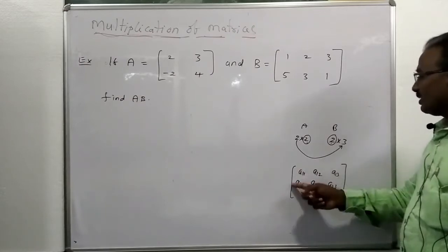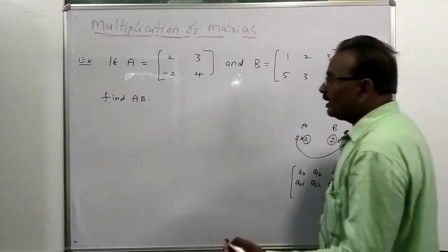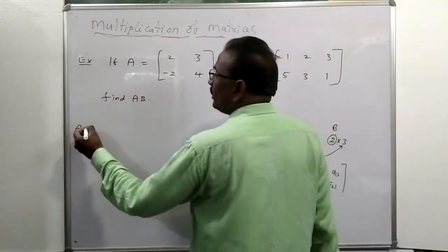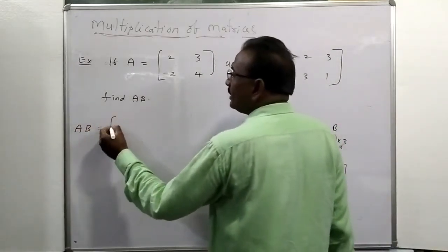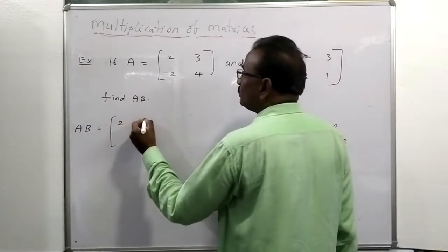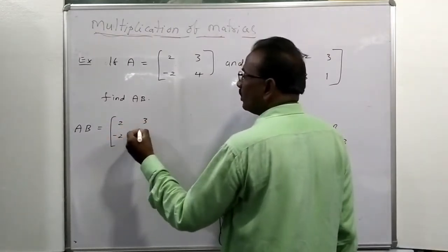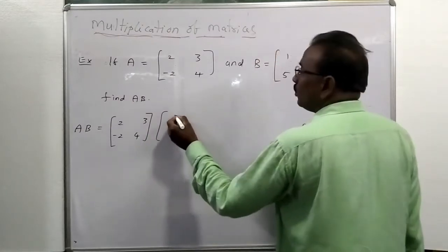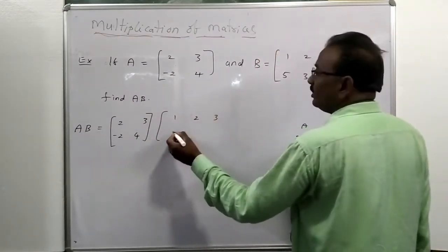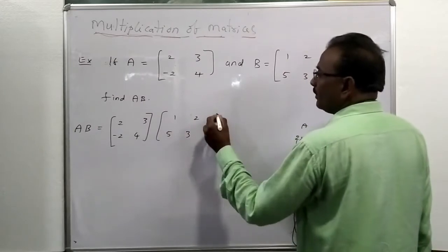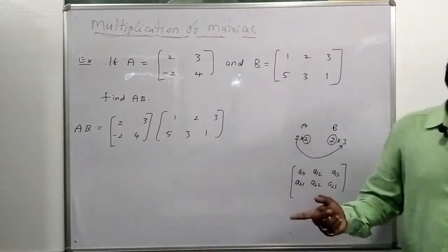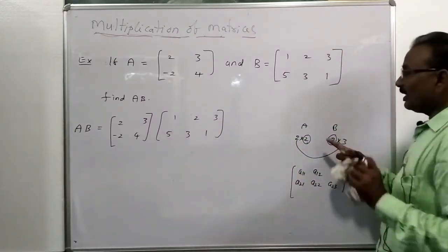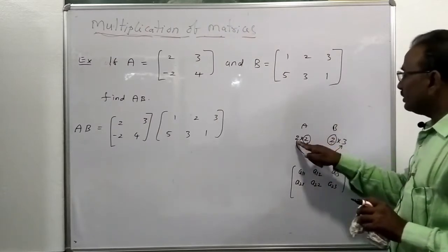So this is the resultant matrix, right? Here, what is AB? A into B is equal to matrix A, which is 2, 3, minus 2, 4, into matrix B, which is 1, 2, 3, 5, 3, 1. So clearly matrix multiplication is defined and its order is 2 by 3.